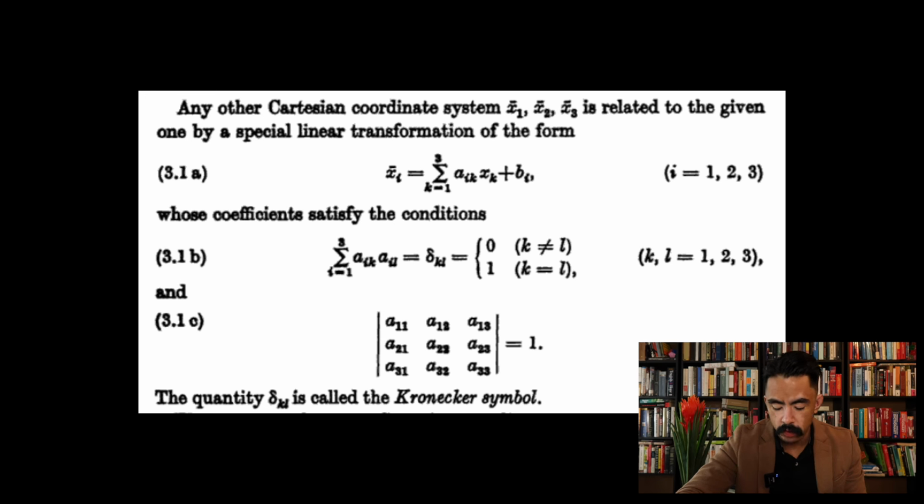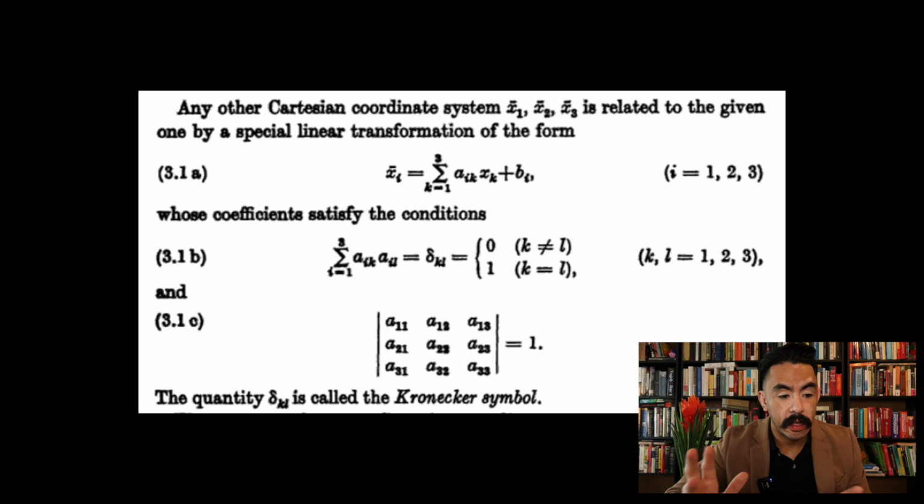is equal to the Kronecker symbol δ_kl, equal to 0 when k does not equal l and 1 when k equals l, and namely that the determinant whose columns are respectively a_i1, a_i2 and a_i3 is equal to 1.